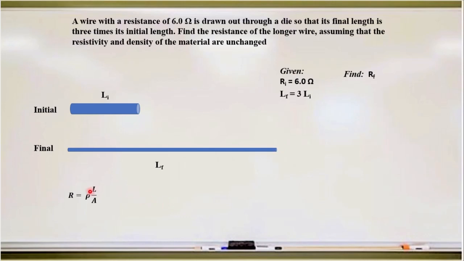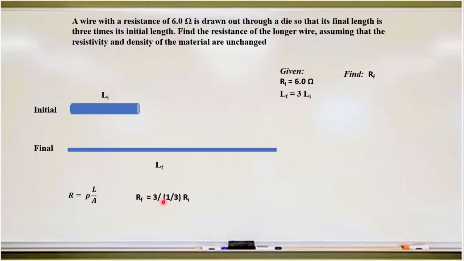When the length of the wire increases 3 times, a multiplier 3 will appear here. We assume that the area of the cross-section of the wire will decrease 3 times, and for this reason, we need to add a multiplier 1/3.